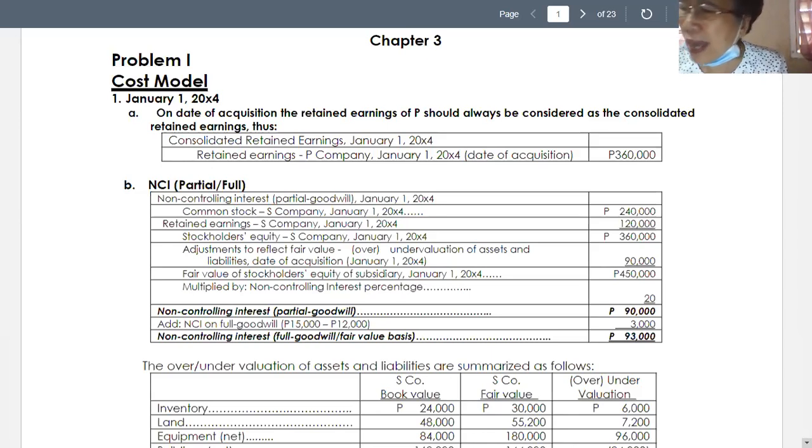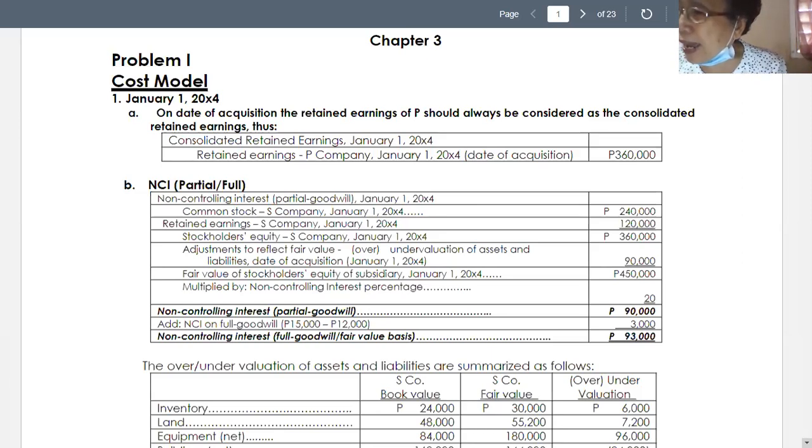And then we deduct the book value of the shareholders' equity of S, capital stock 240,000, and retained earnings of 120,000. The total of 360,000. So 465,000 minus 360,000, the allocated excess is 105,000.